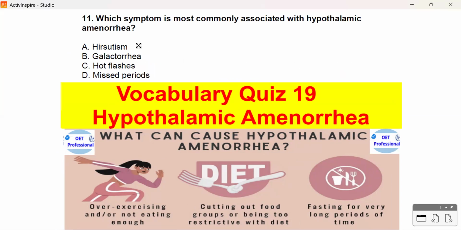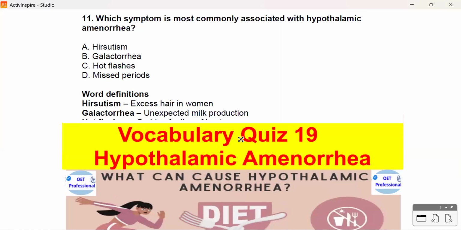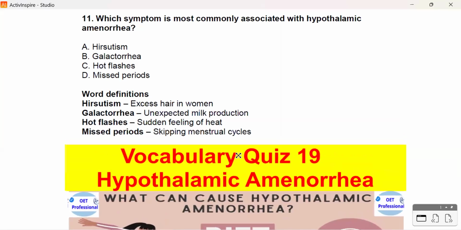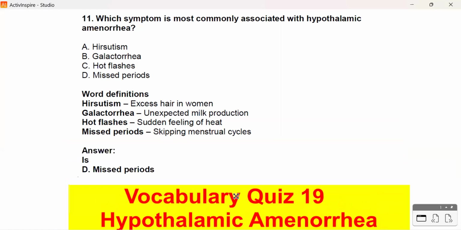Hirsutism, galactorrhea, hot flashes, missed periods. The correct answer is missed periods, skipping menstrual cycles.